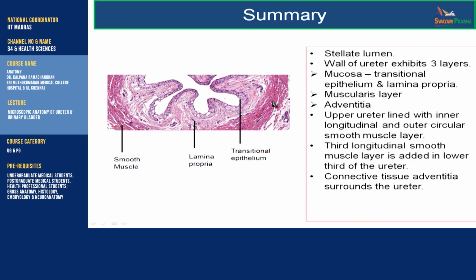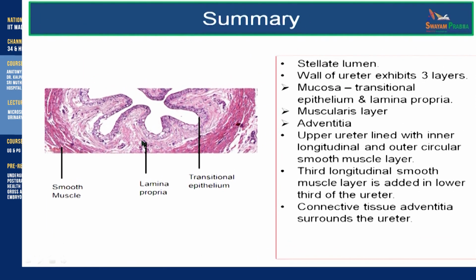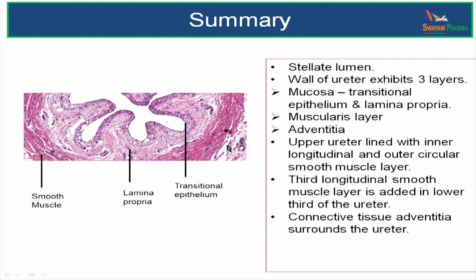There are 3 layers in the wall of the ureter: mucosa, muscular layer and adventitia. Mucosa has got two layers, epithelium which is specific for the urinary tract, that is the transitional epithelium or urothelium, and a lamina propria.